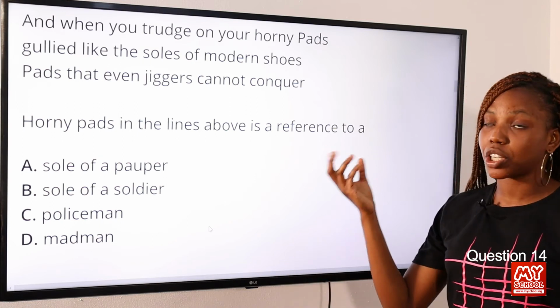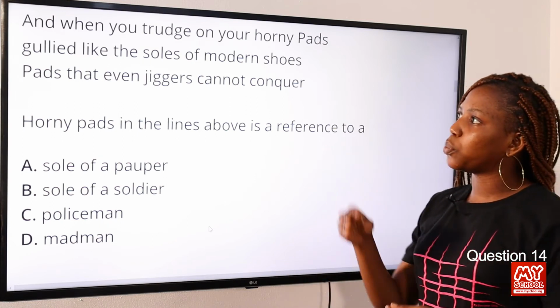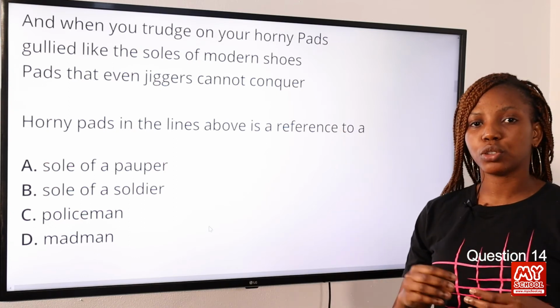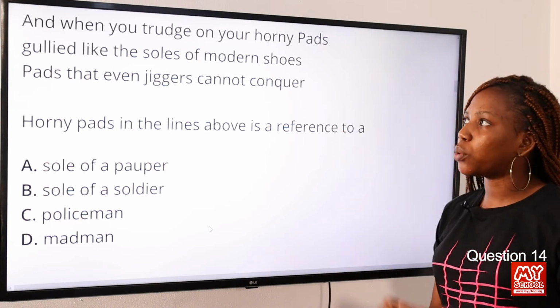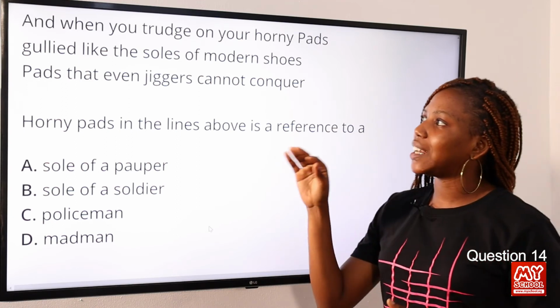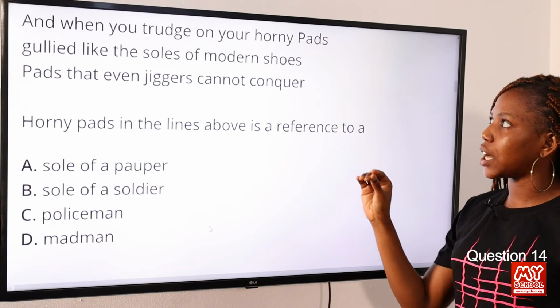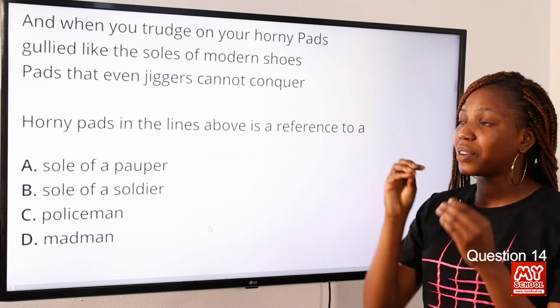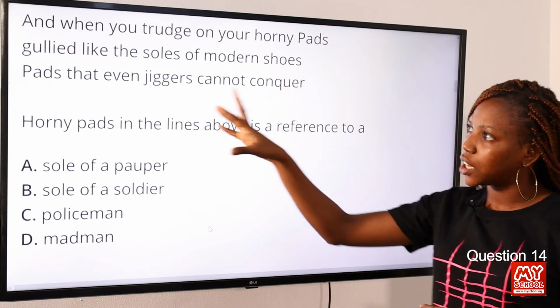Now let's go back to the extract provided. And when you trod on your honey pad, trod means to walk slowly with heavy steps. So when you walk slowly with heavy steps on your honey pad, guarded like the soles of modern shoes. Now your honey pad is compared with the sole of a modern shoe, and we have a hint of what this honey pad is. Guarded.